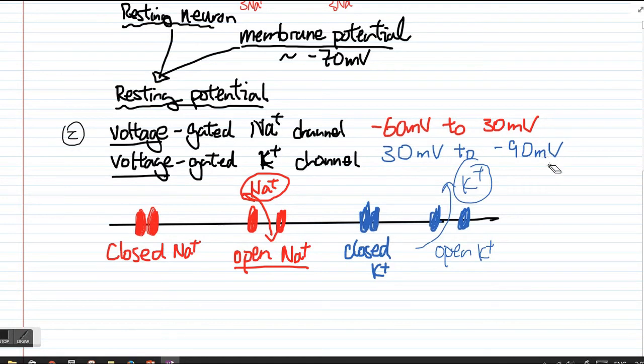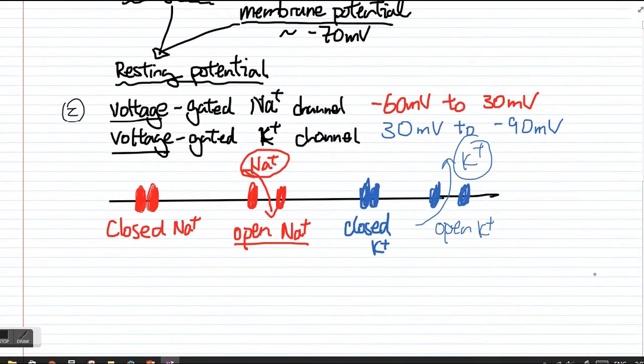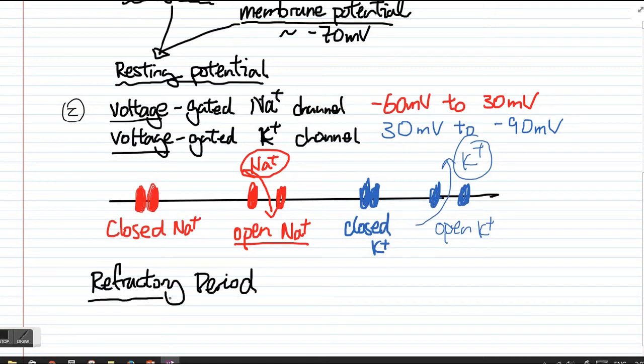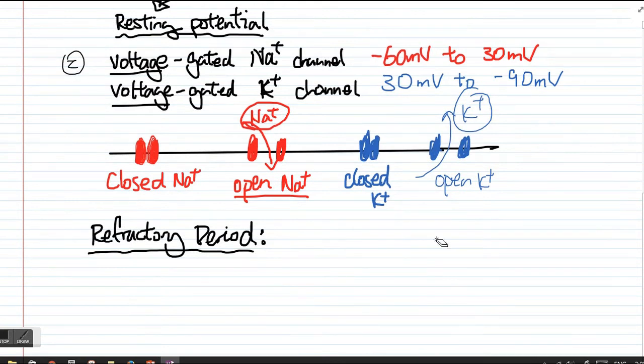Another thing is this. There is an important concept called refractory period. Refractory period is basically referring to a short time where the channels will be non-responsive.